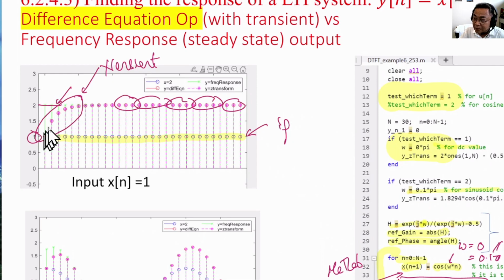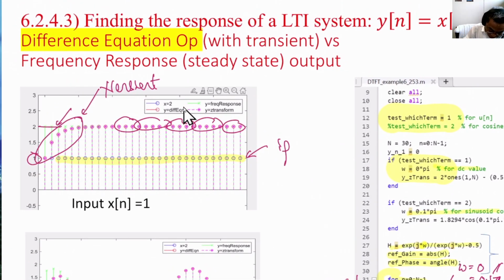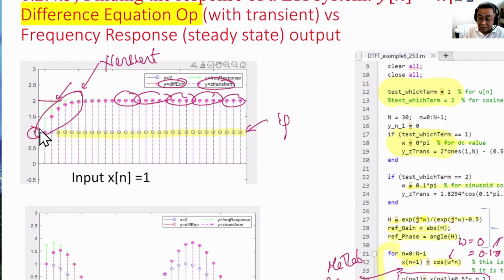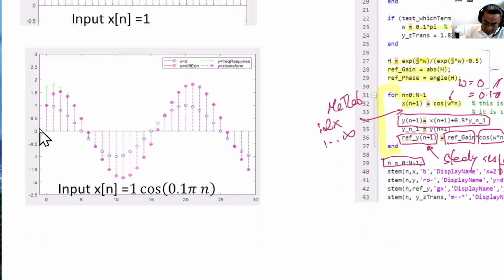This circle and the star come from 2 different ways I've calculated it. One is through the difference equation, and one is through the Z transform. Notice that the difference equation and the Z transform can capture the transient, while the frequency response only gives the steady state response. Using this figure, we have seen this effect. You can also see it from the cosine 0.1 pi. My blue circle is cosine 0.1 pi with amplitude 1.